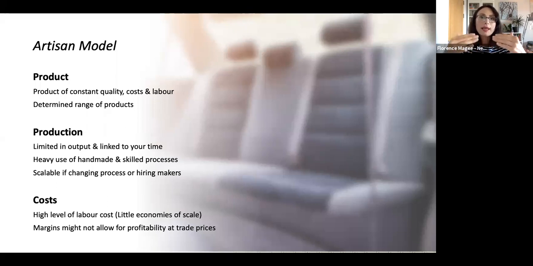Cost-wise, there isn't as much economies of scale as with the prior volume model, because labor is so important in your cost, and labor is very hard to actually diminish. So you can maybe buy raw materials in batch and limit that a little bit, but you will still need to pay yourself, and if you grow, pay somebody else.